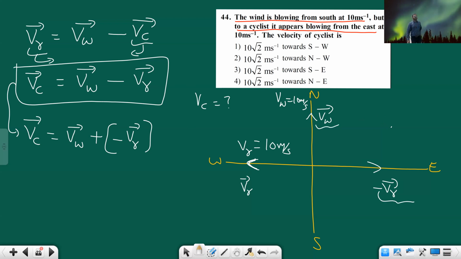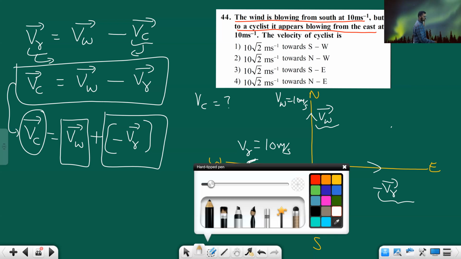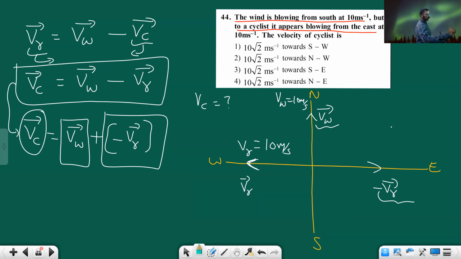Why are you taking it like that, sir? Because the cyclist velocity is the resultant of VW bar and minus VR bar. In the parallelogram law, we studied that the resultant always lies in between them. So I get the resultant like this. This is the resultant, VW bar plus minus VR bar.